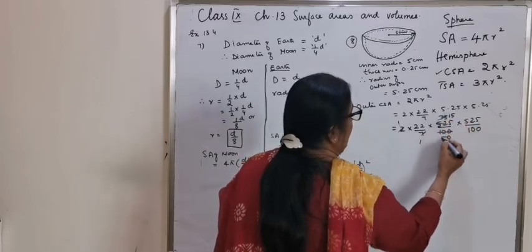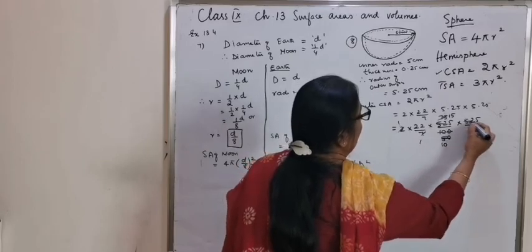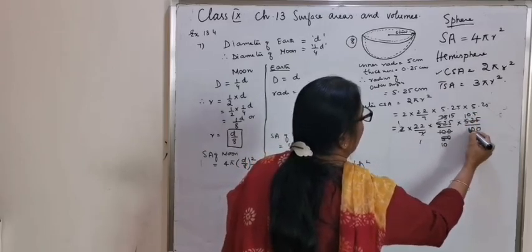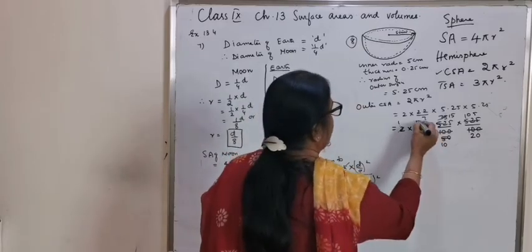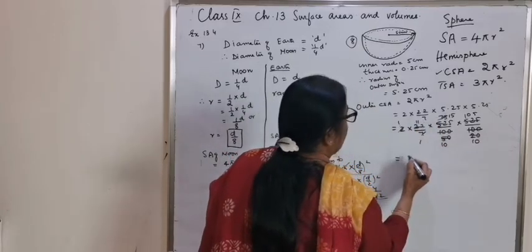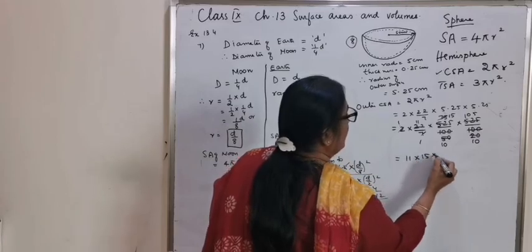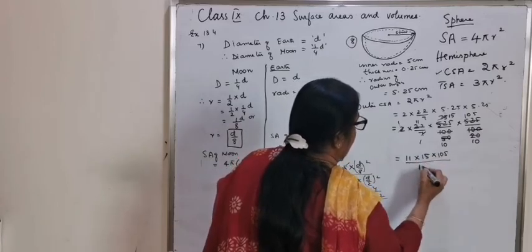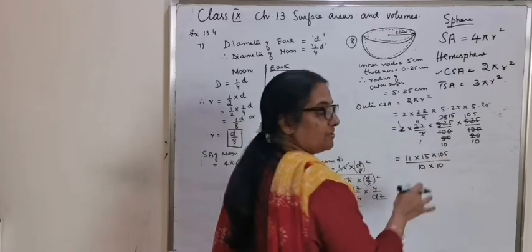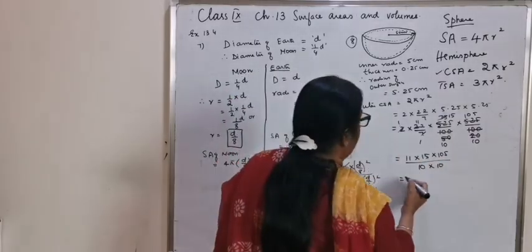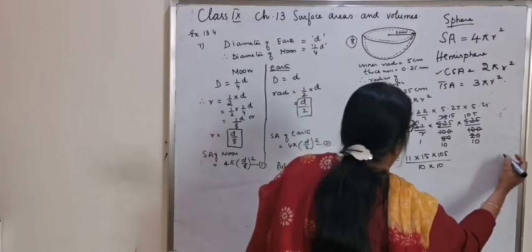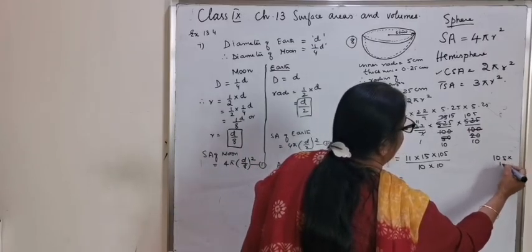It is 15 and 10 with 5. 105 and 5 twos are 20. Or here it is 11 and 10. That means 11 into 15 into 105 by 10 into 10. Rest don't simplify, so that it will be only shifting of decimal place. So 15 into 105 into 11.